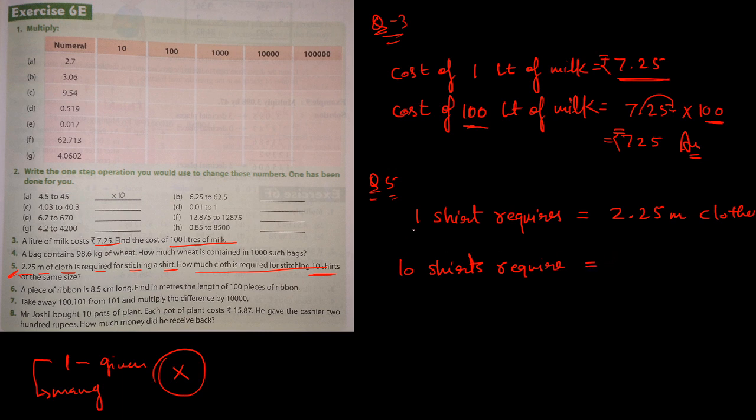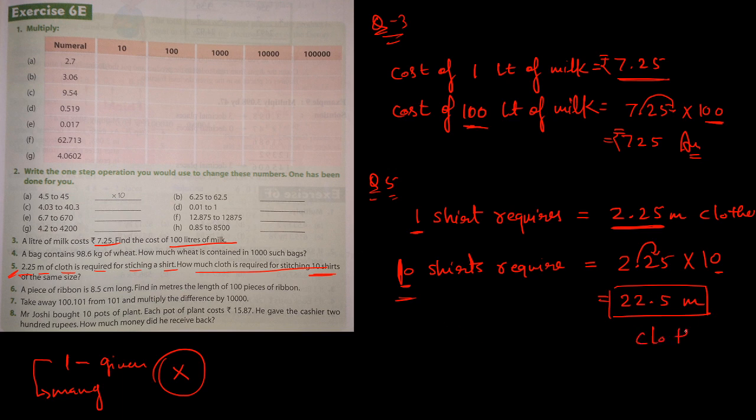So here also the value of one is given and we are being asked the value of many. So we have to multiply 2.25 by 10. How many zeros are there? 1 zero. So this decimal will shift only one digit. So it will be 22.5 meters. This is the answer. Okay, 22.5 meters of cloth.